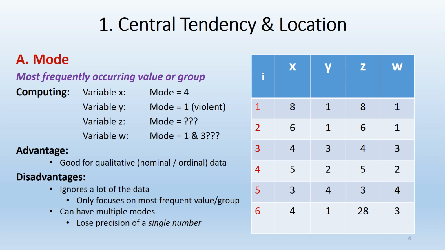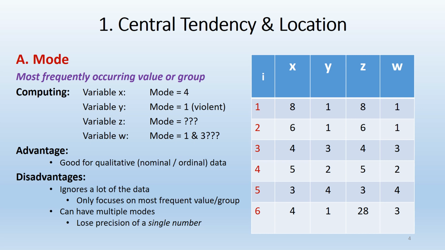We look at variable z. As I said, z and w were thrown into this data set to illustrate some of the problems that might occur when using different measures of central tendency. So when we look at z, we ask, which value occurs most often? We look through 8, 6, 4, etc., and we realize all of the values only occur once.